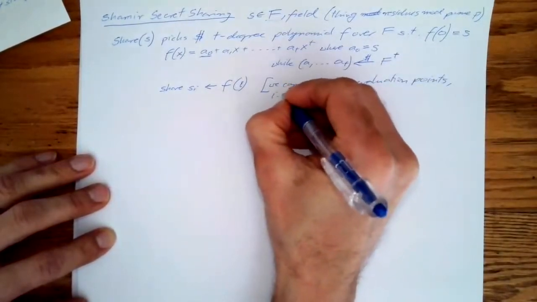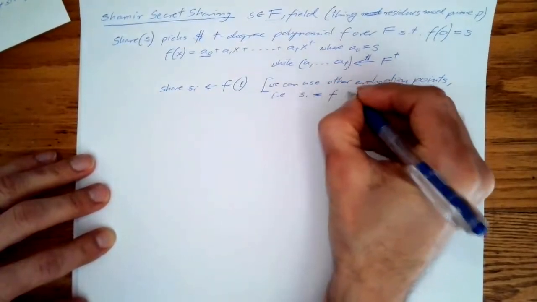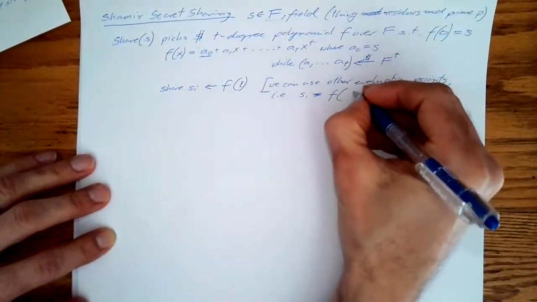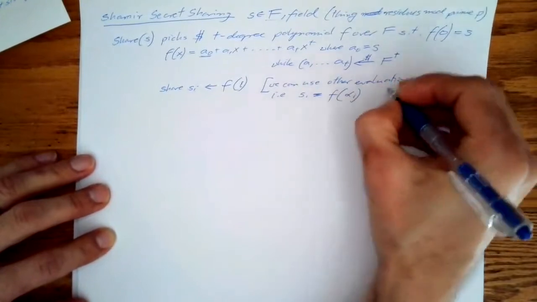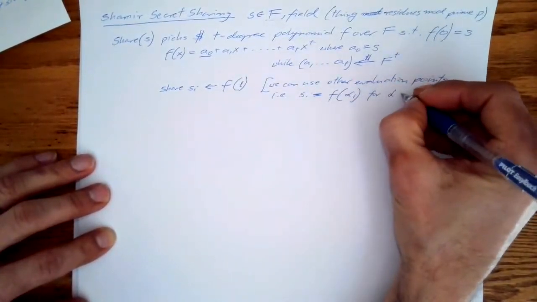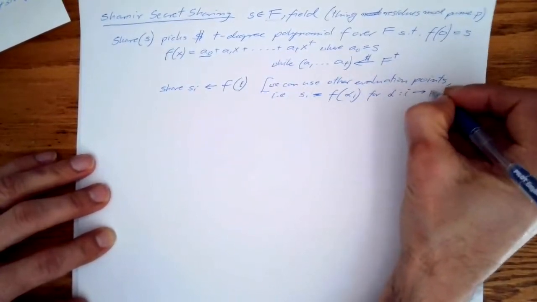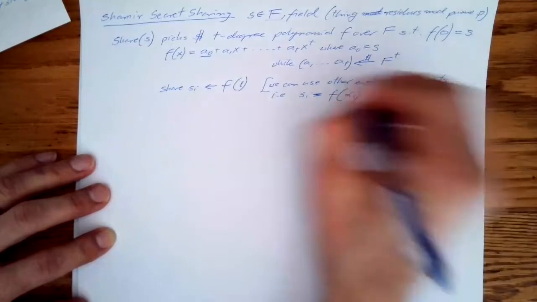In other words, Si can be the evaluation of f at some point alpha i, where there is some correspondence that takes indices and embeds them in the field.